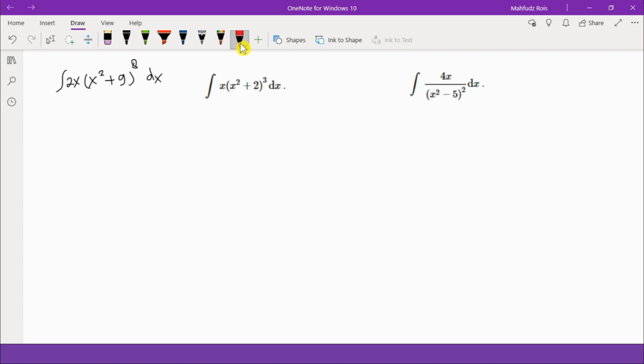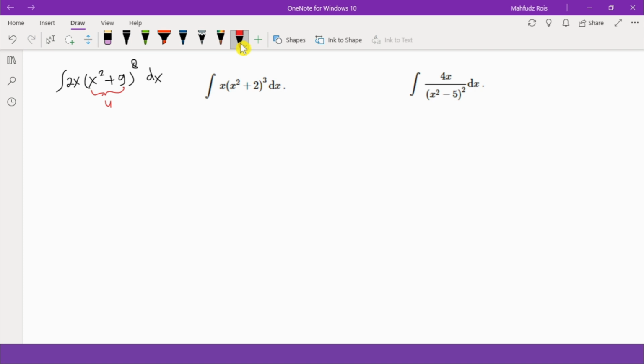If you see here, by substitution, in the parentheses we have x squared plus 9. If you notice, if you differentiate this x squared plus 9, it will be 2x, right? So let this be u and 2x dx be du.